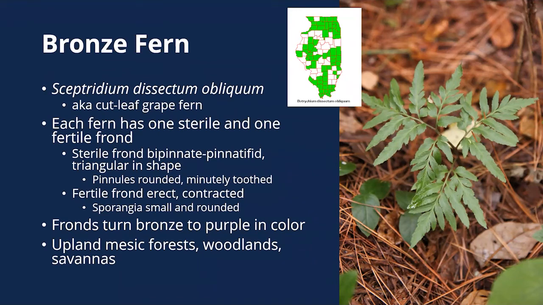There is a version that's very, very dissected. That's a little less common. The fertile frond is erect, contracted, and it has those small sporangia on there that are kind of rounded. They call it bronze fern, or grape fern, because it tends to turn a bronze or purple color in the fall. And you'll see this growing in mesic forest, woodlands, savannas, kind of throughout the state.